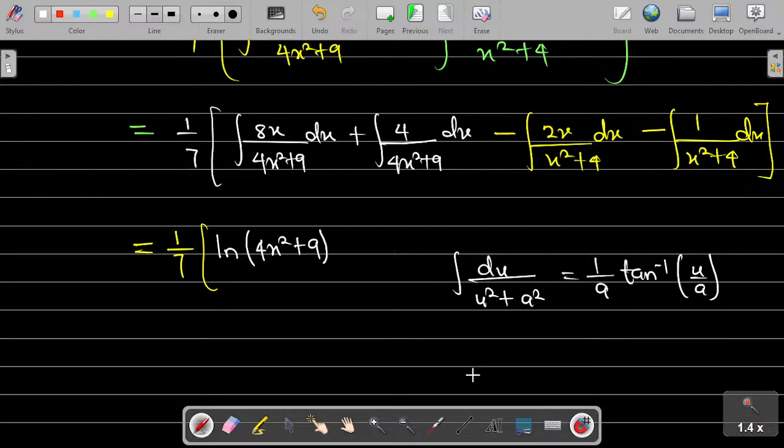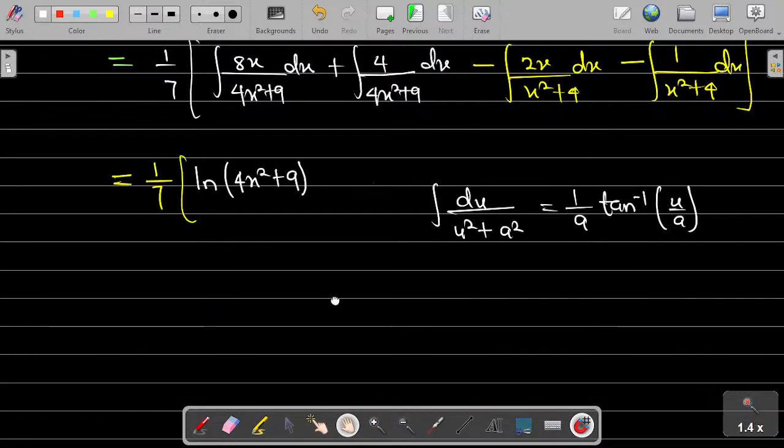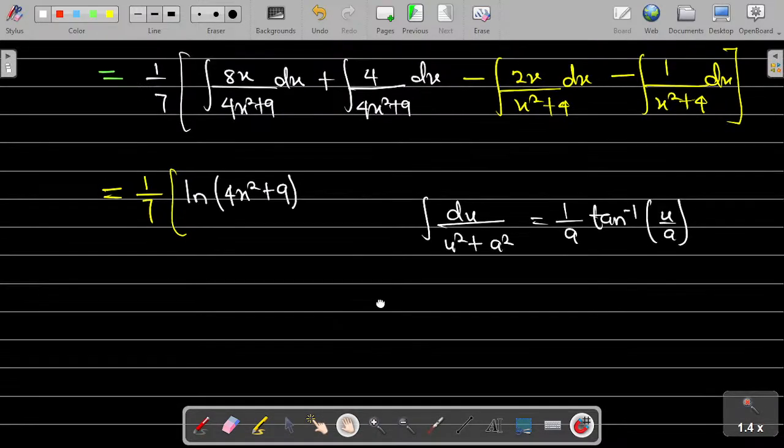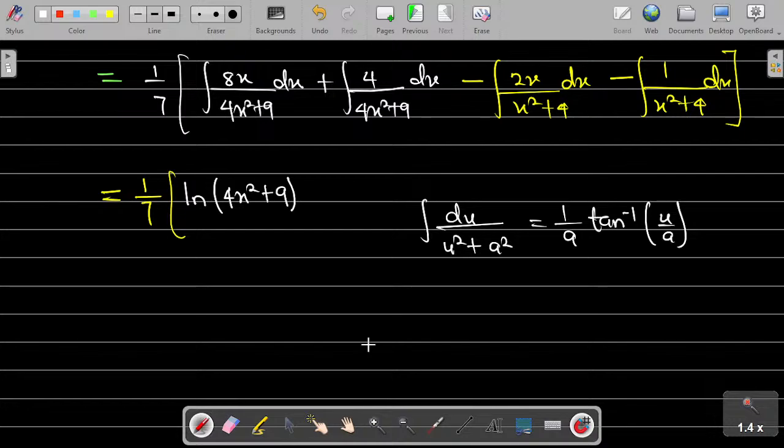So if you watch what we have in the second part, you will see that it actually replicates the condition of this particular hint. Let's try to transform what we have there so that you see what I'm saying. We have the integral of 4 all over 4x squared plus 9 with respect to x.